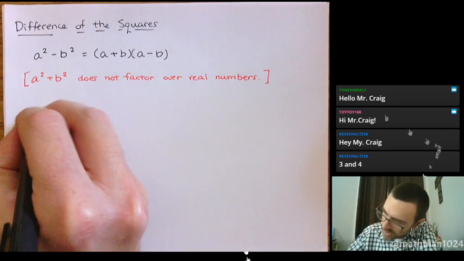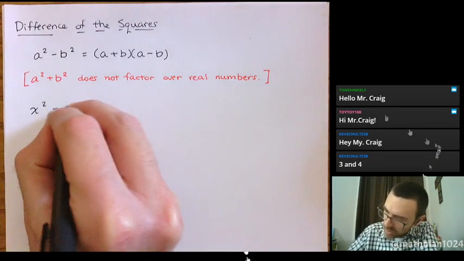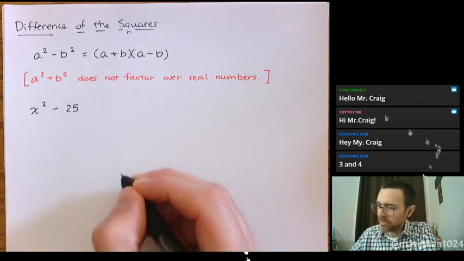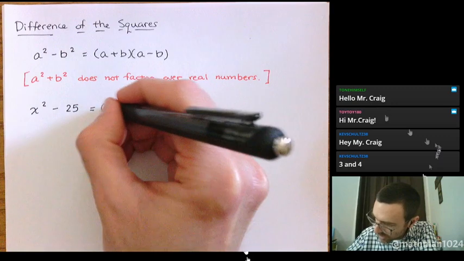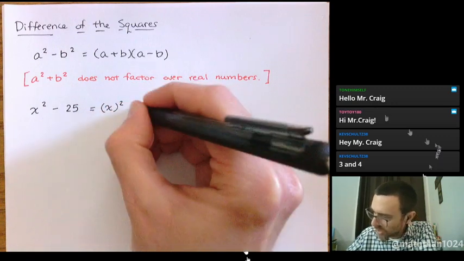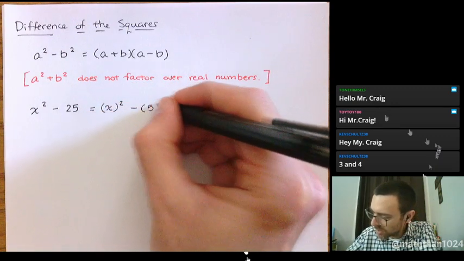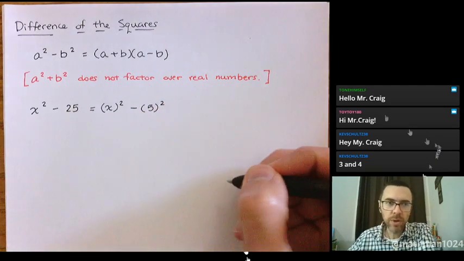So what that means is that I can take something like this. I can take the x squared minus 25, recognizing that I do have squares here because this is x squared minus 5 squared.